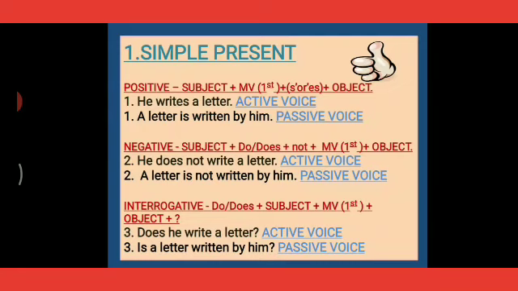So three of them I have told you over here. Just take your copy and write all these things in your notebook. So one important point that you have to mention in front of simple present tense is that the change will be is, am, are plus third form, for making it a passive form.